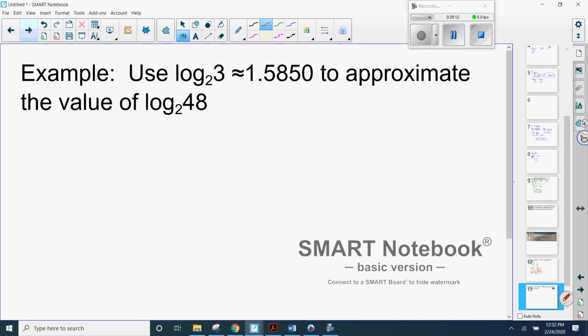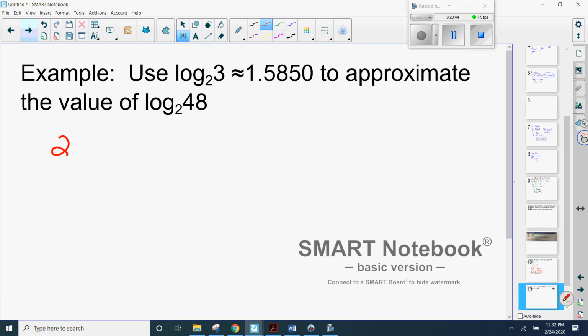Think of ways you can break 48 into factors. What are factors of 48? 2.